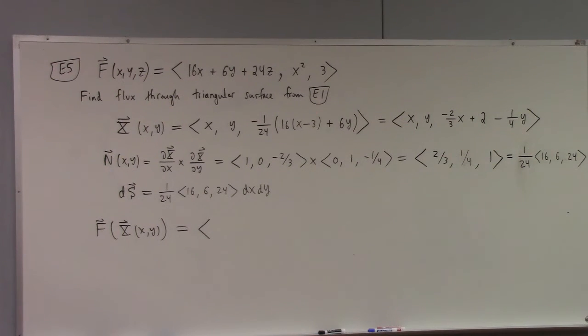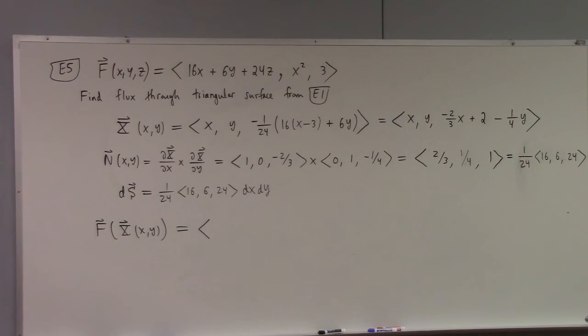This 16x plus 6y plus 24z, if we're on the surface, what equation defines the surface? 16x plus 6y plus 24z equals what? If you put the equation of the surface in, you get 48, right?